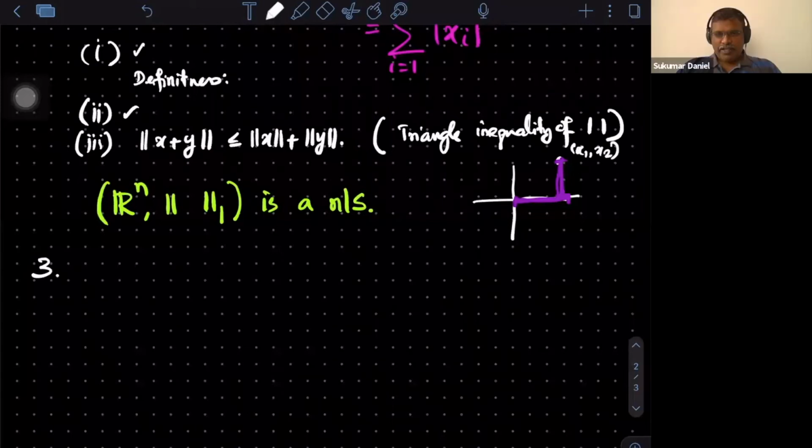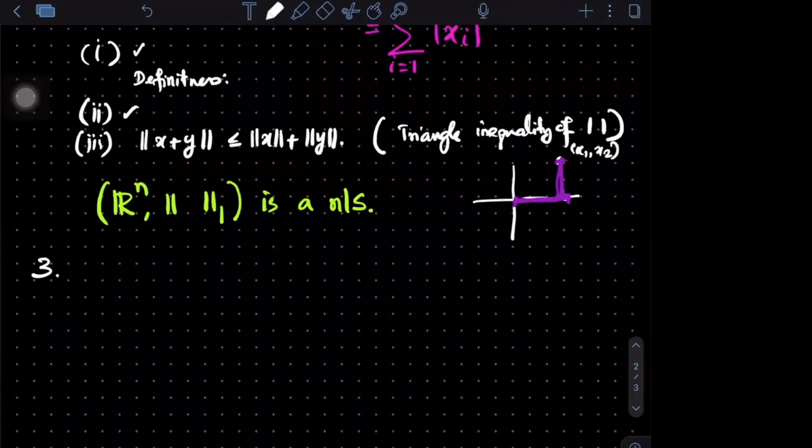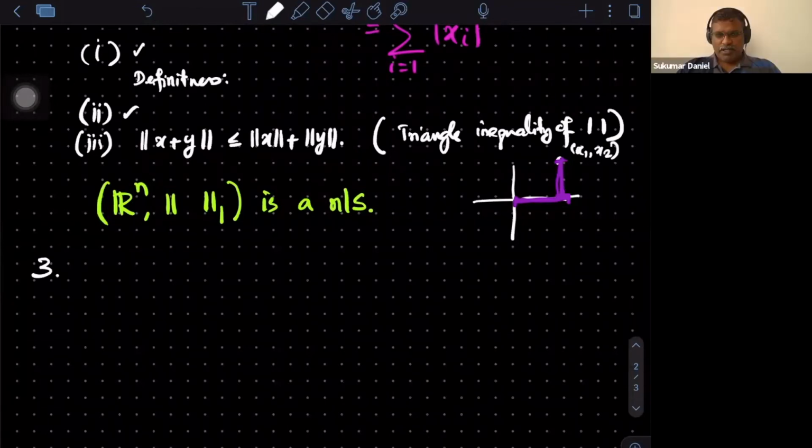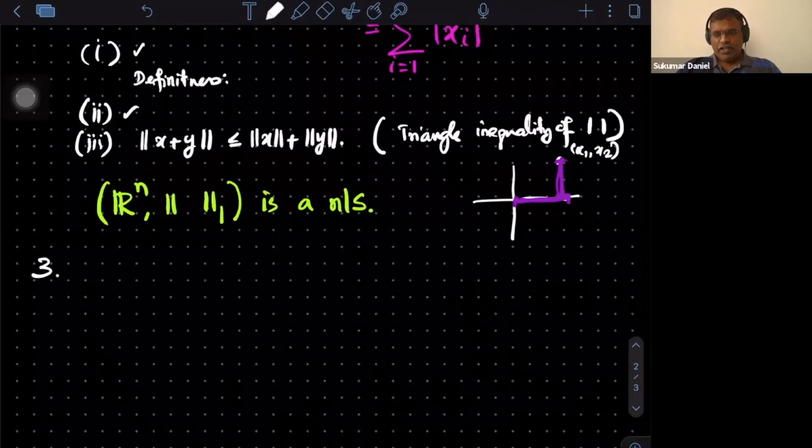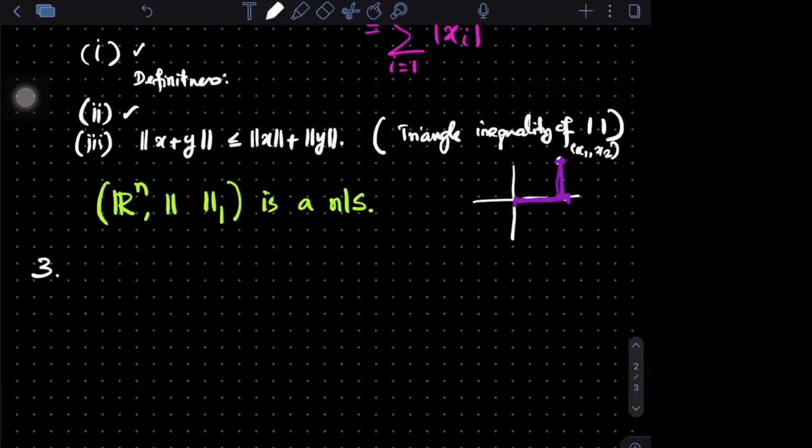Definiteness also will come. And maybe checking homogeneity also will come. Yes. Triangle inequality also will come, whatever you have done now, it is the same thing. It will come, because it is component wise.